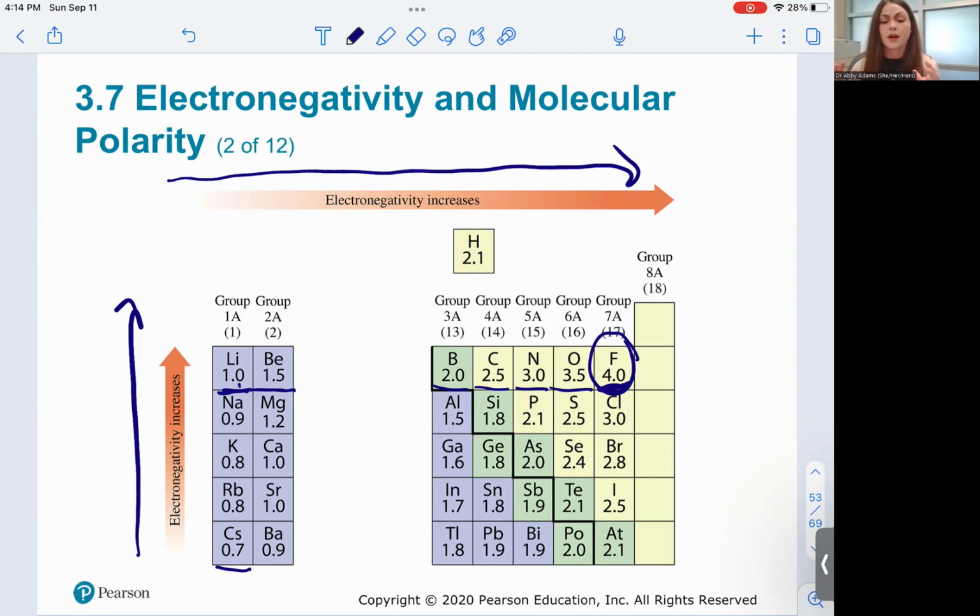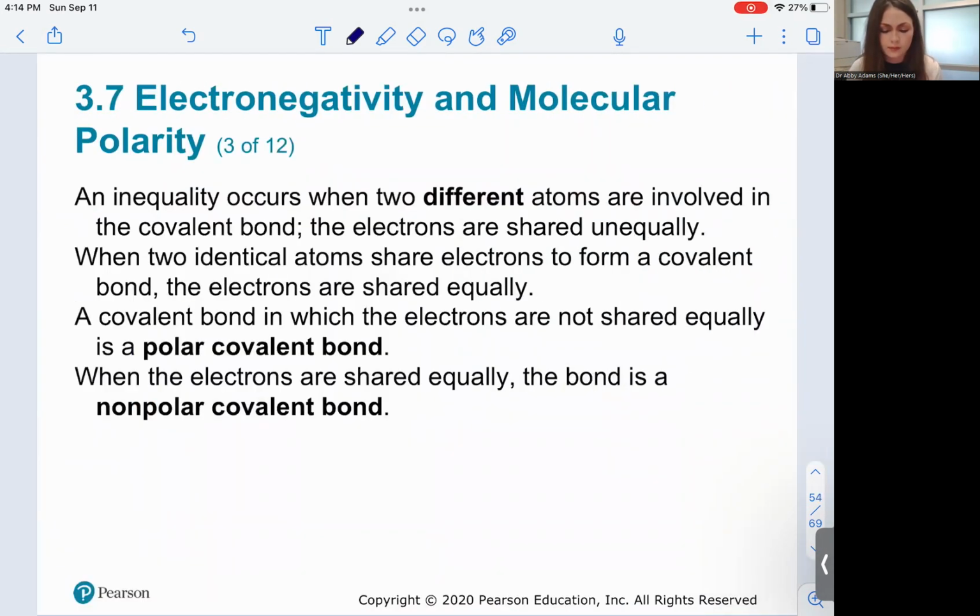So if you think of the periodic table and even where metals and non-metals are, you can think of electronegative relationships. And that's important when you're trying to understand the electronegative relationships between compounds, or atoms in a compound rather.